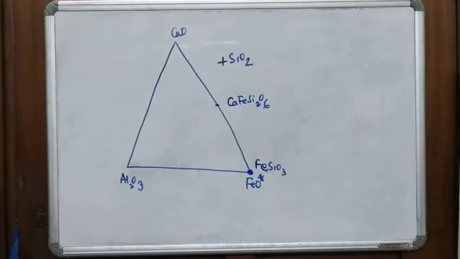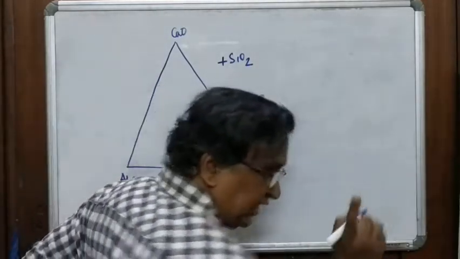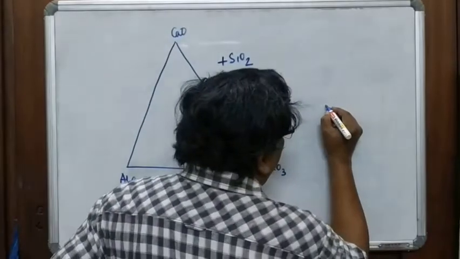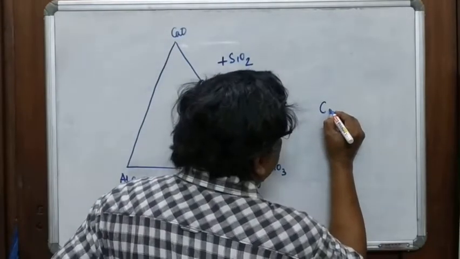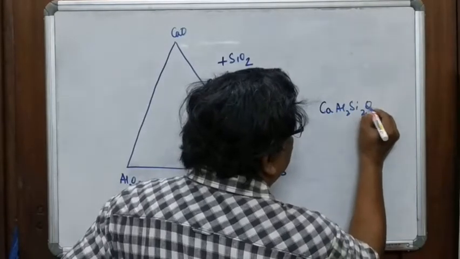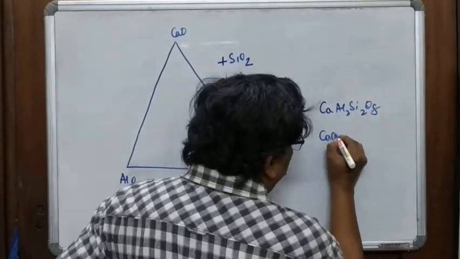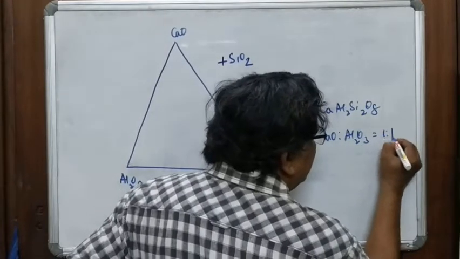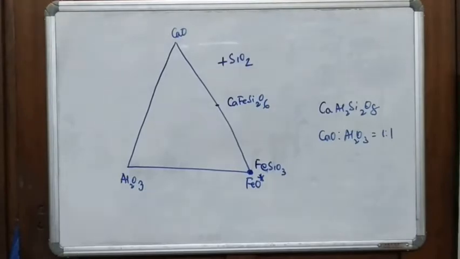Where will plagioclase plot? Anorthite molecule. Remember, albite we have taken out of calculation. So anorthite molecule is CaAl2Si2O8, or CaO to Al2O3 is equal to 1:1 molar ratio.